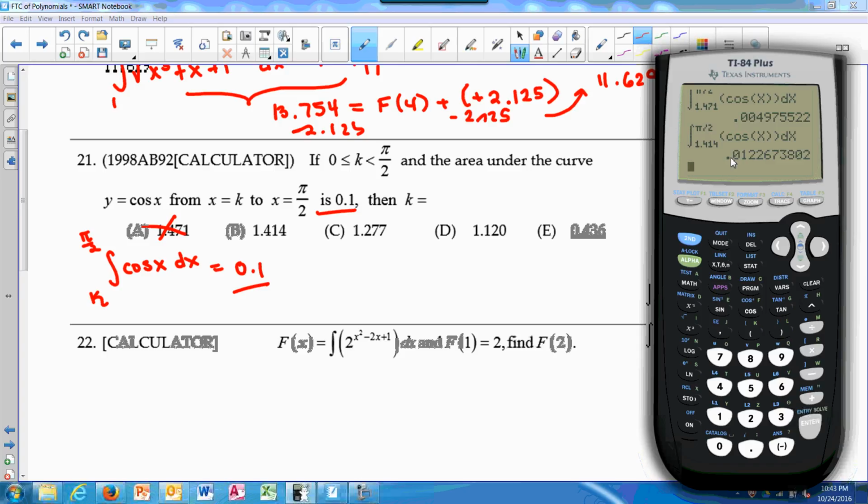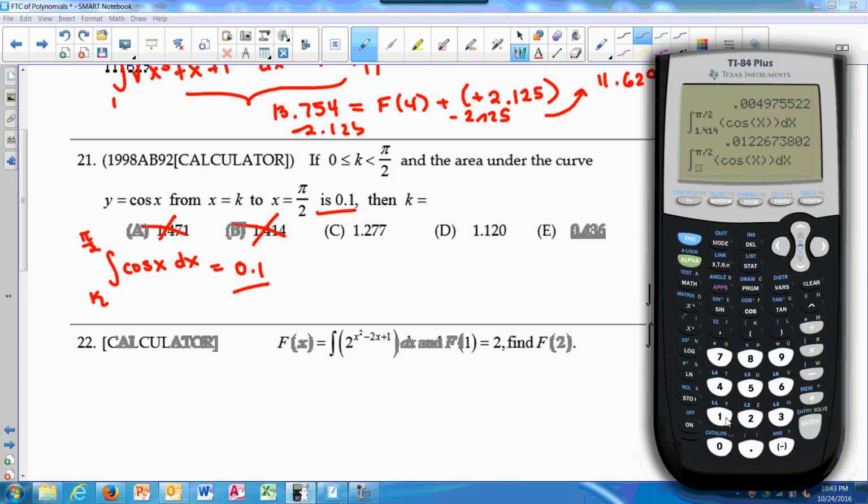This time I got 0.012. Well, 0.012 is also not what I wanted. It's a little closer. I'm going to go back up, grab that again, press enter to copy it. Second left to go back to the beginning, and then I can move over and clear just that one spot. I don't want to clear the whole thing.